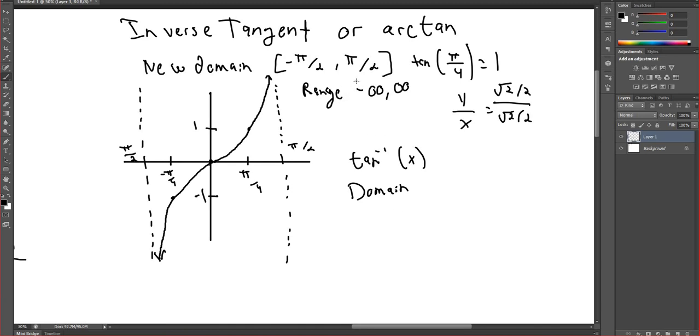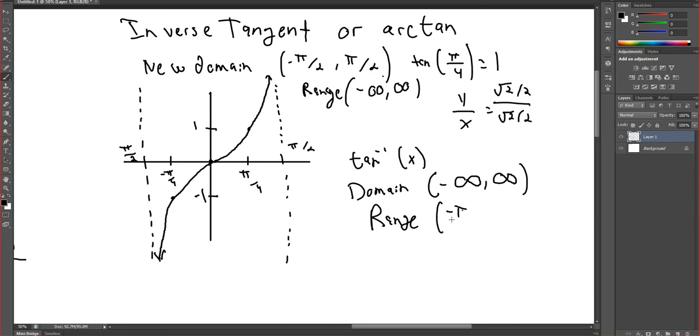Wouldn't the domain be the same thing? Yep, it's just going to become the range, negative infinity to infinity. The inverse just switches the domain and the range. And then my range just becomes negative pi over 2 to pi over 2, and this needs to be an open parenthesis since it doesn't actually include the point.